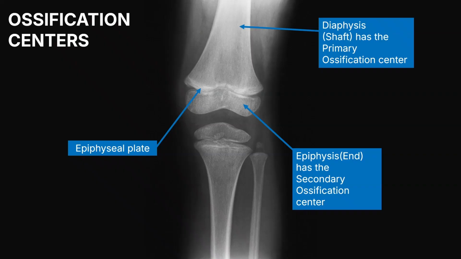Bone formation begins at two spots: the primary ossification center and secondary ossification center. Primary ossification centers appear in the shaft before birth. Secondary ossification centers appear in the ends after birth. These centers eventually fuse as an individual matures.